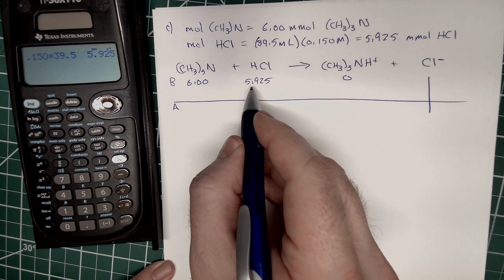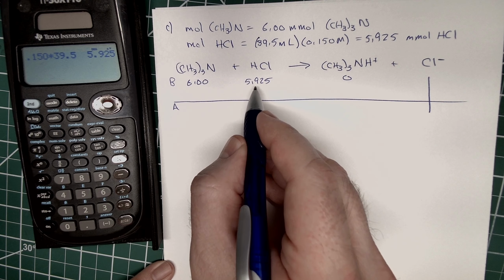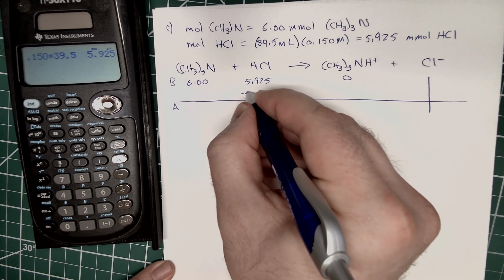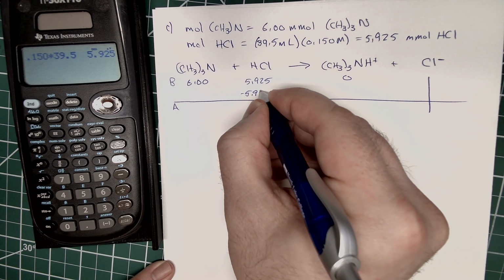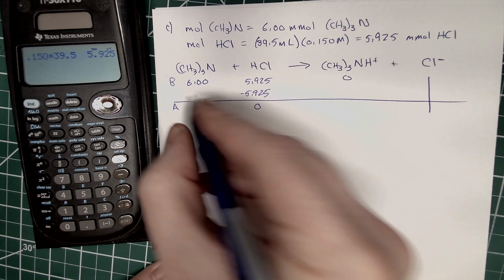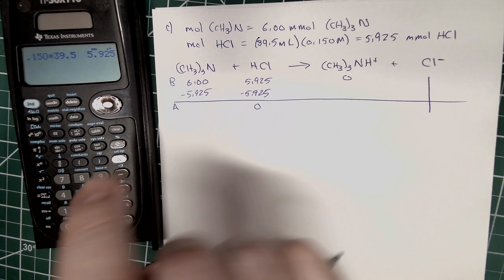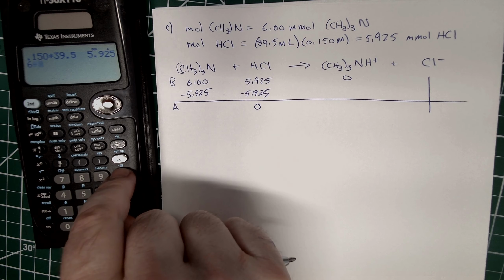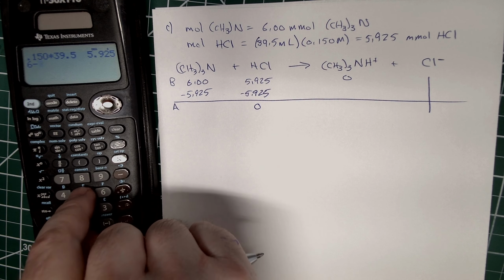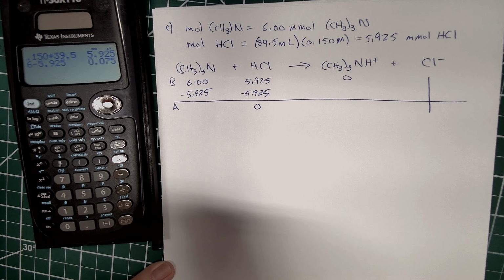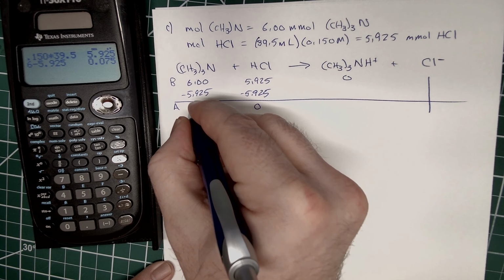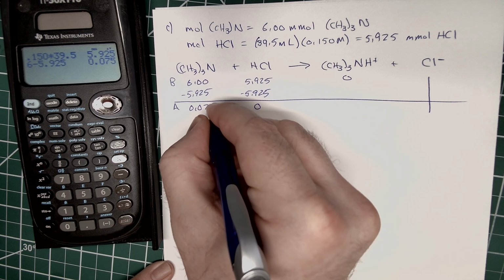Clearly, we can see the HCl is the limiting reactant here. So we're going to use up that. So minus 5.925, that'll give us 0. Minus 5.925. I know the answer to this, but I'm going to go ahead and show you. So 6 minus the 5.925, and that gives you 0.075.